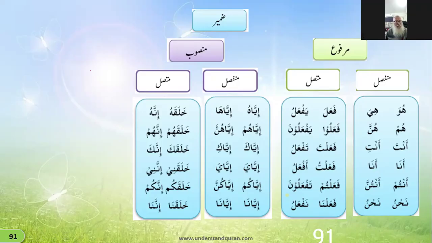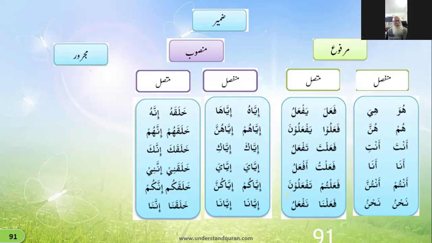Innahu, innahum, innaka, innani, innakum, innana. So they are muttasil. And they are mansub. Mean they become maf'ul bih. When a zamir come attached with the verb, it's mansub and maf'ul bih. When a zamir come as a part of the fi'l, it is muttasil and it is marfu.